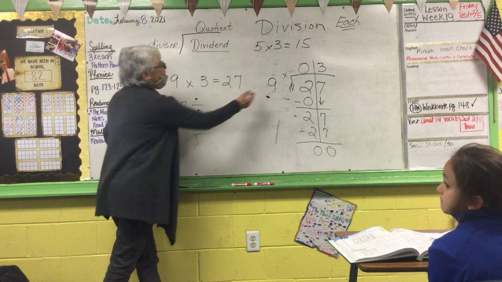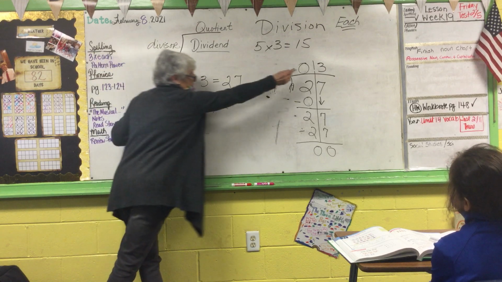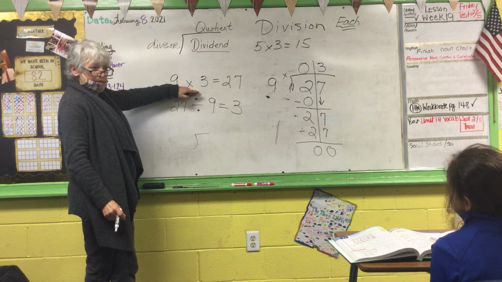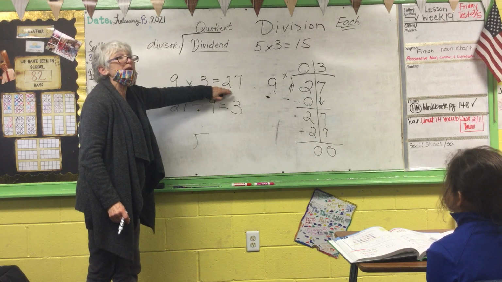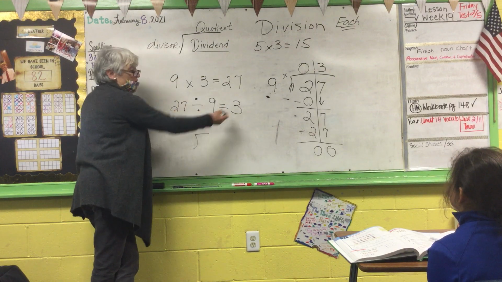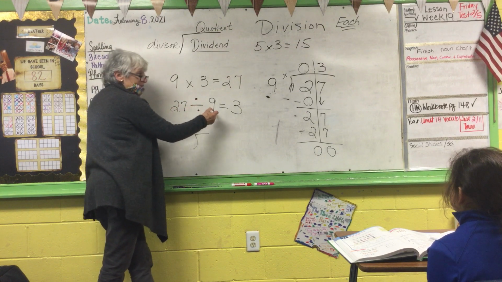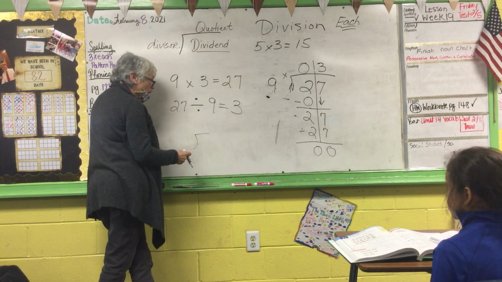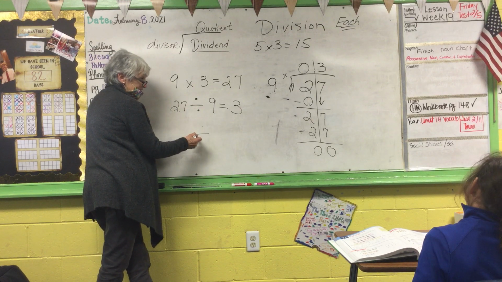All right, 27 divided by the 9, the divisor, is 3. You just divided. You saw it, multiplication first, and then we got the total. And then we had to go back and do what division does, separate it out. Here it is. We took the dividend, we divided it by the divisor, and we come up with the quotient. What is this? Is it the same as this? Yes.